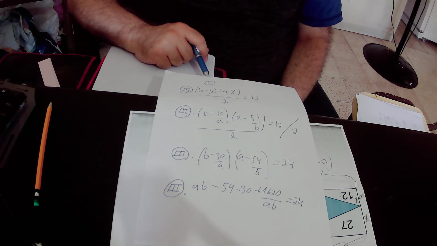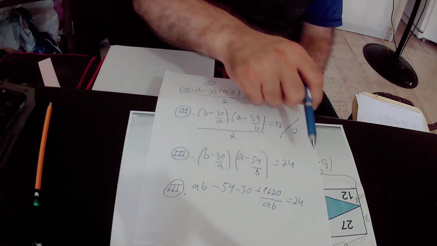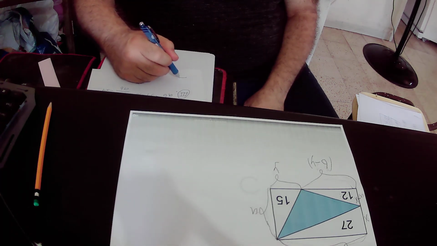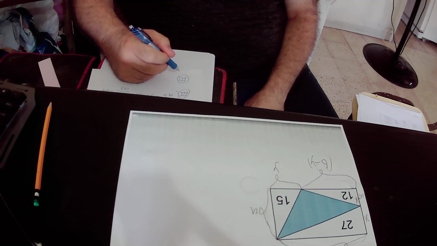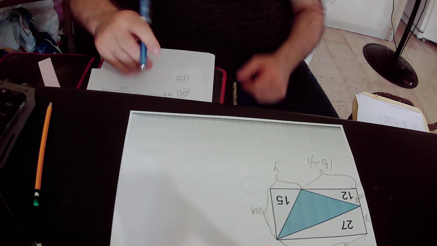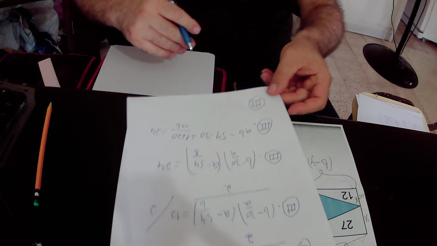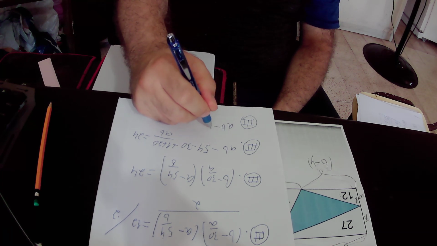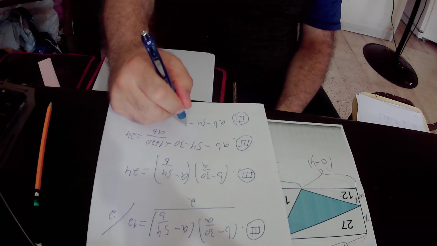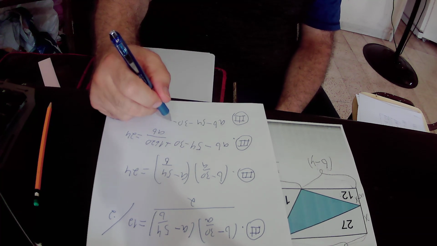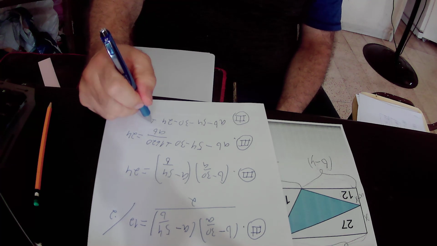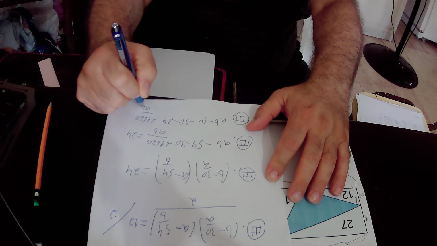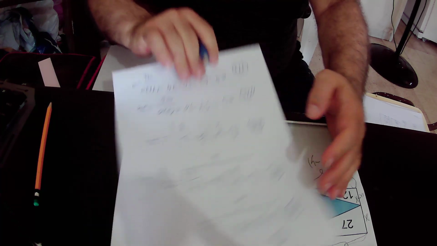Now we will subtract 24 from both sides of the equation, so we will get that ab minus 54 minus 30 minus 24 plus 1620 divided by ab equals 0.